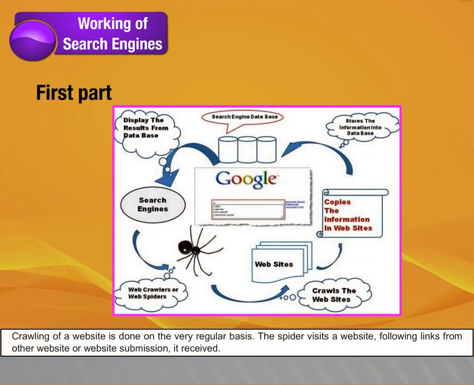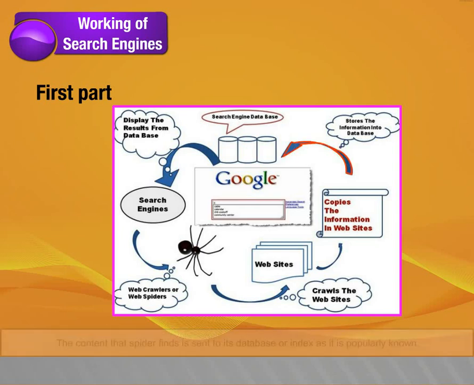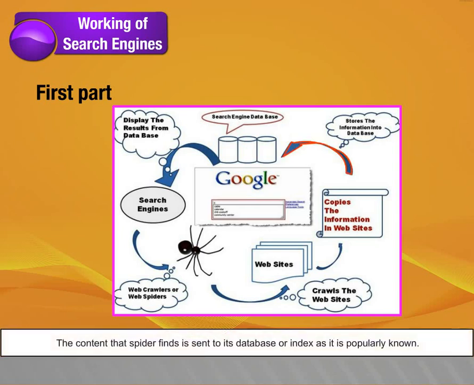Crawling of a website is done on a very regular basis. The spider visits a website following links from other websites or website submissions it received. The content that the spider finds is sent to its database or index, as it is popularly known.